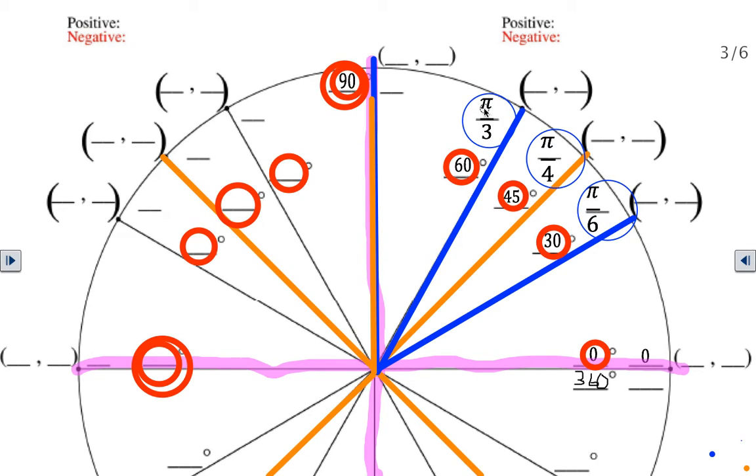Okay, so this is your first pi over 6. Here would be your second pi over 6, but 2 pi over 6 reduces to 1 pi over 3. This would be 3 pi over 6. Well, 3 over 6 reduces to 1/2, so this becomes pi over 2.